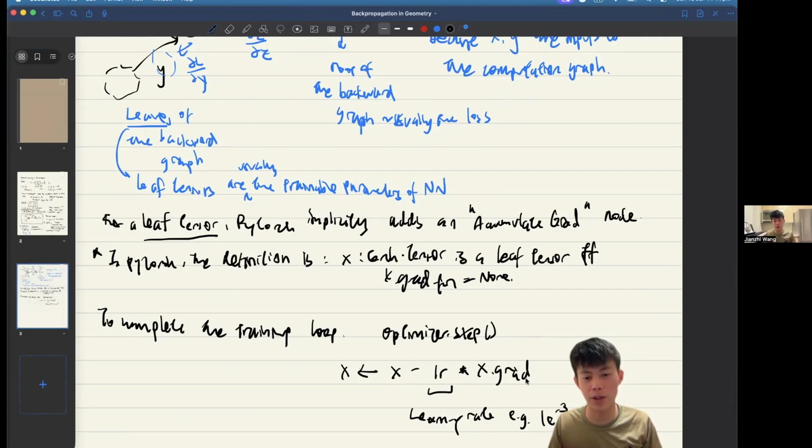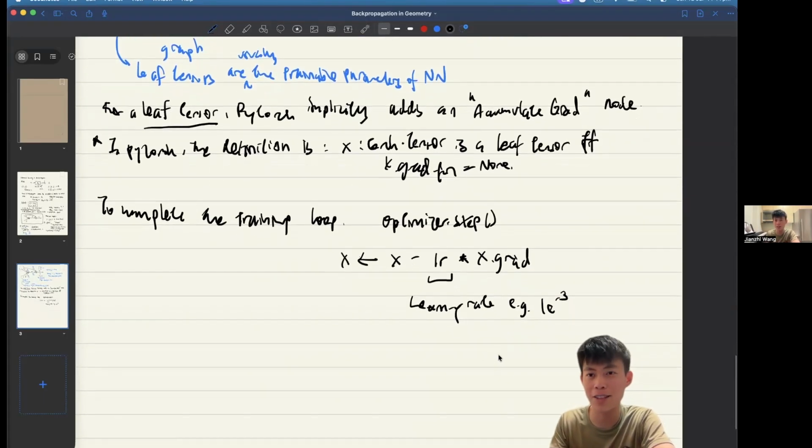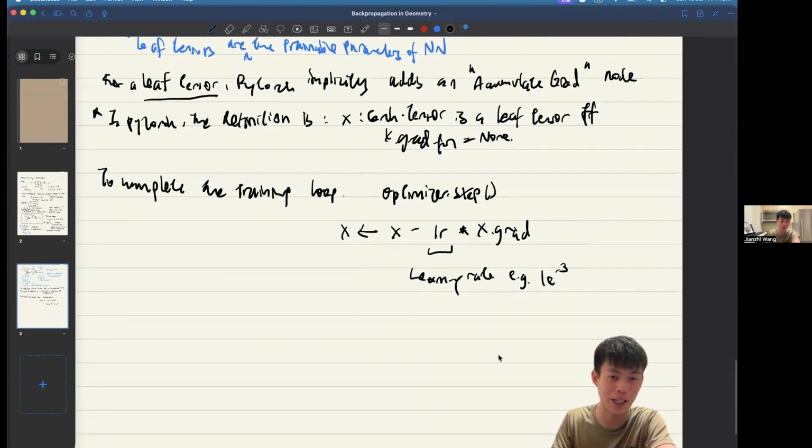Why is it minus? Because x.grad points in the direction of steepest ascent. X.grad has the same shape as x, which is why they can be just subtracted. I hope this gives a good overview of backpropagation.